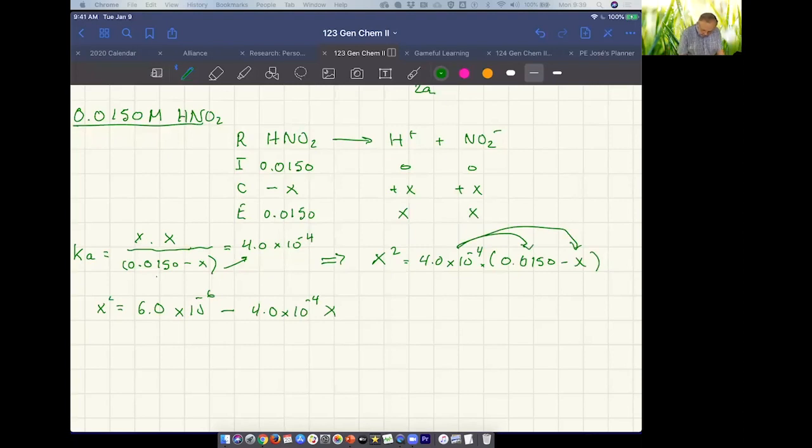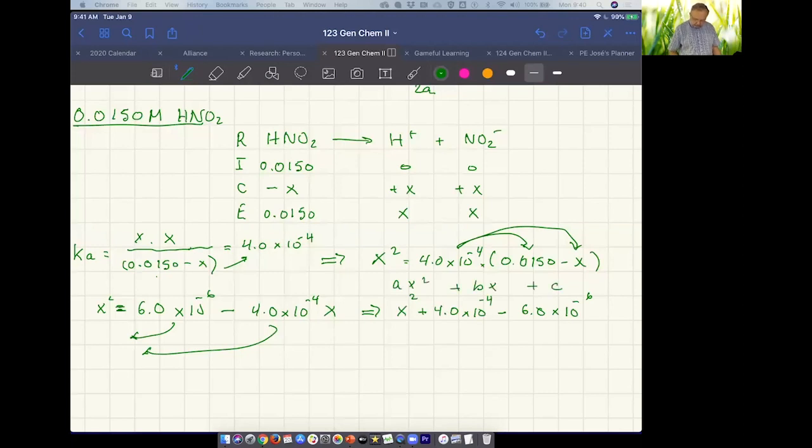Okay, so I'm introducing the multiplier into the equation and I get this equation. Now I have to make it equal to 0, so I'm going to bring this to the opposite side of the equal sign, which is here. And so this is going to be then x squared plus 4.0 times 10 to the minus 4 x minus 6.0 times 10 to the minus 6. So now I have it as ax squared plus bx plus c.